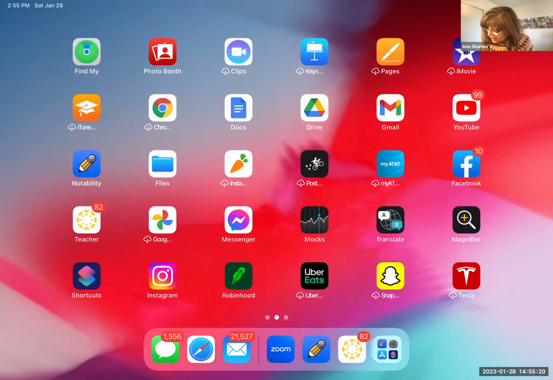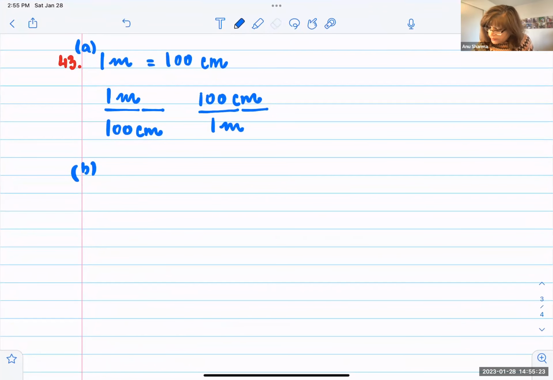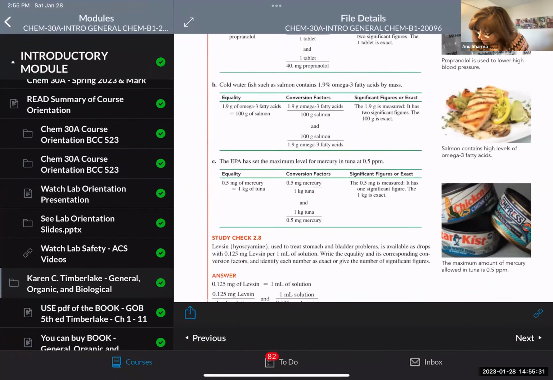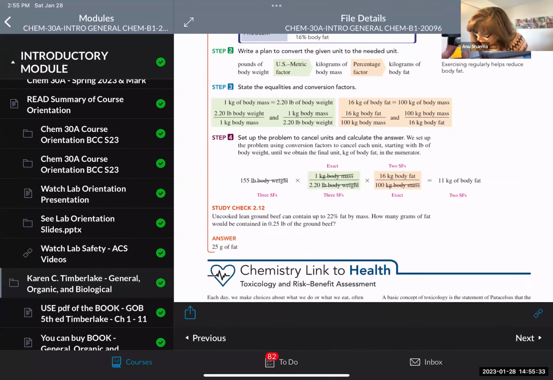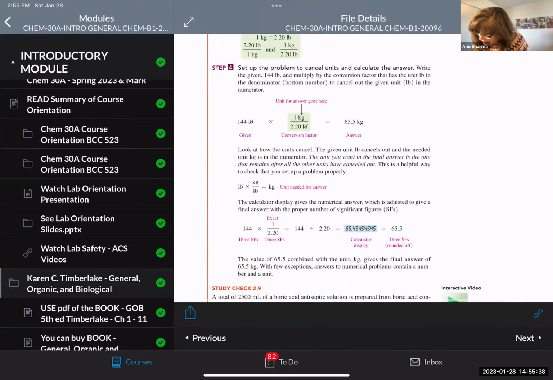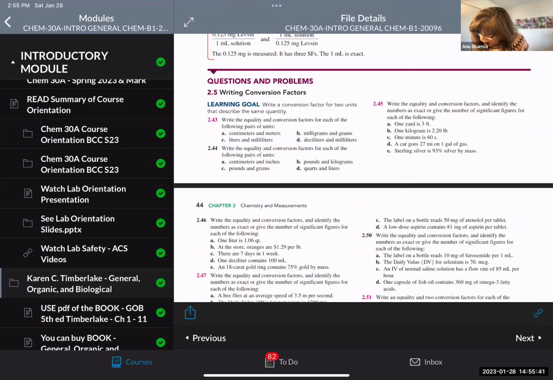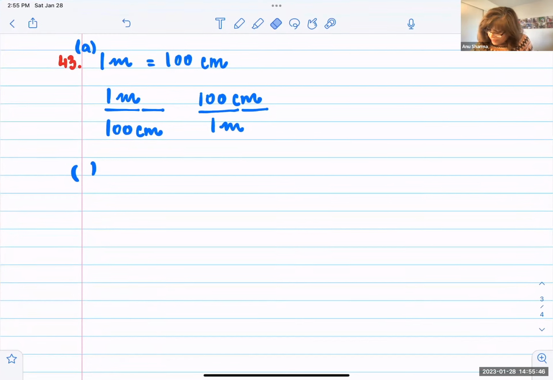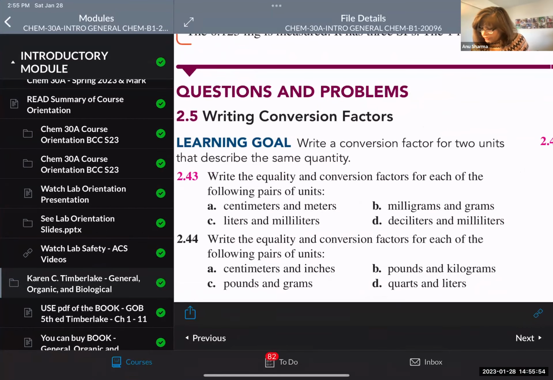So here, let's look at the problem. I think it's 2.43 part C, liters and milliliters. The question is the relationship, the equality and the conversion factors of liters and milliliters.